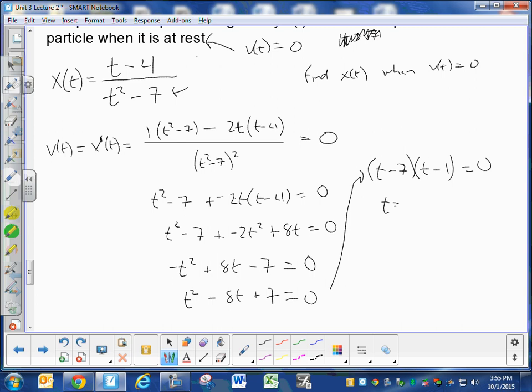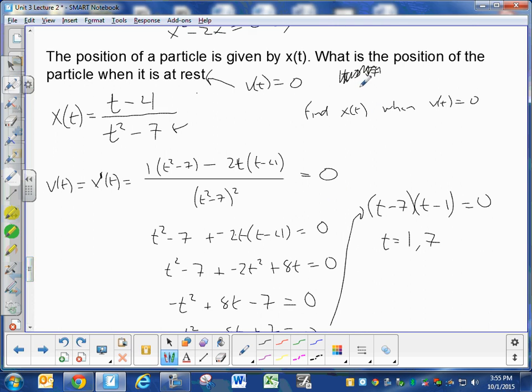And that will give me two values: when t is 1 and when t is 7. Now, most likely we were thinking about values of t greater than root 7, so I would probably exclude 1 and just talk about 7. So this is the time when my velocity is equal to 0.